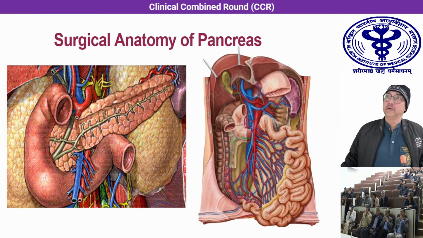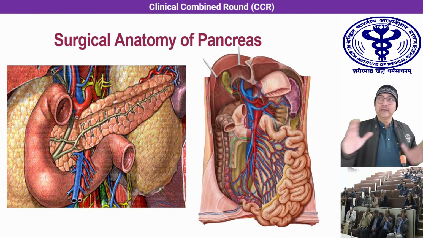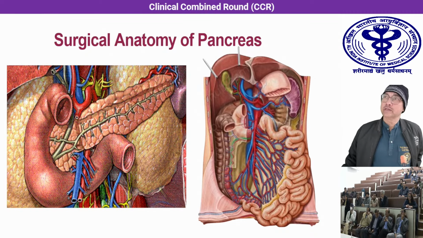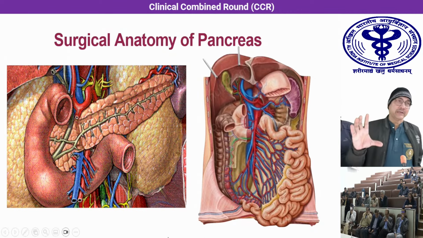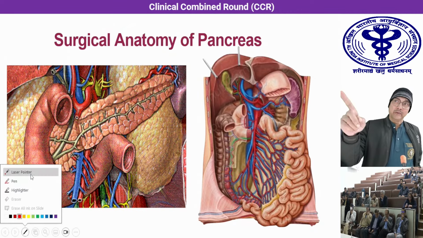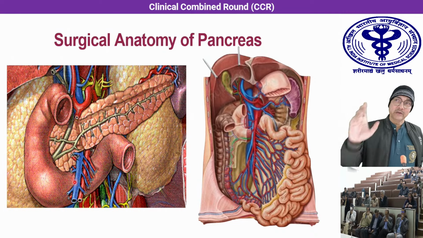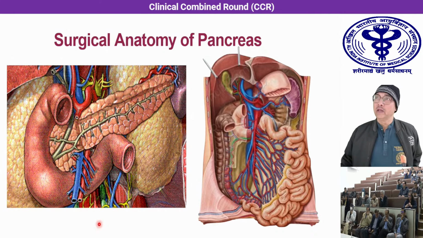Just a brief description of the anatomy. The pancreas is mostly in the pancreatico-duodenal complex, and the head and neck of the pancreas remain inside the duodenum. The common bile duct and the pancreatic duct open into the second part of the duodenum.